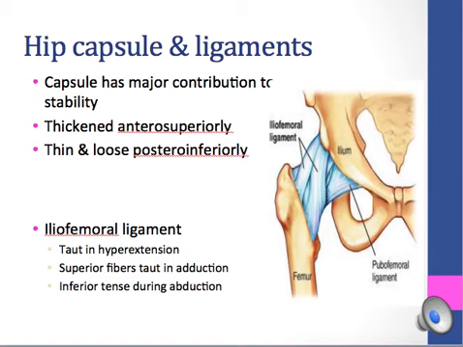And then the greater and lesser trochanters lie exterior to the capsule. The Y ligament of Bigelow is extremely important to understand and to identify those different layers. Blue's not a great color, let's change that.